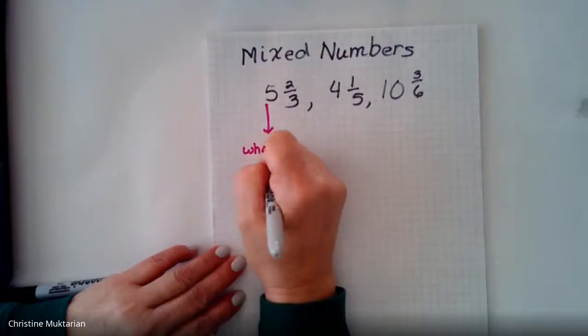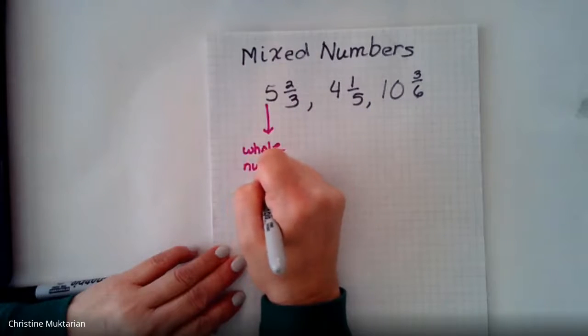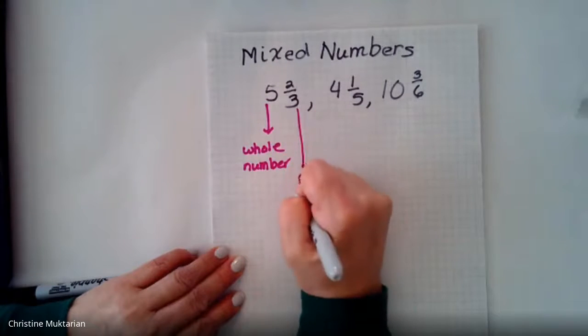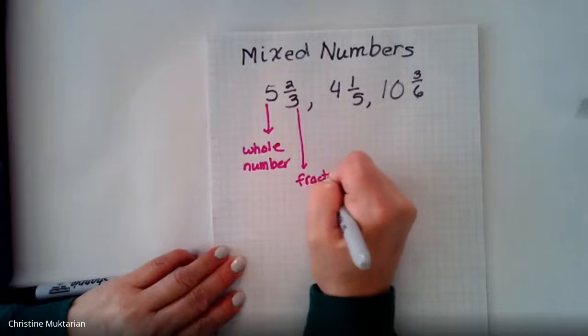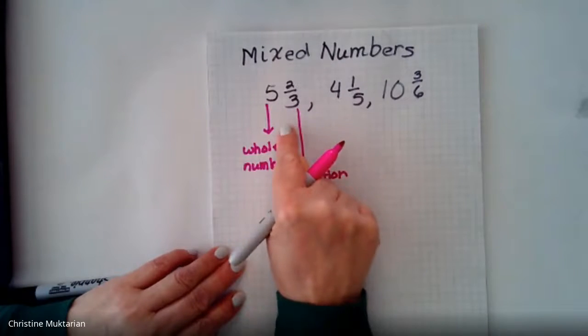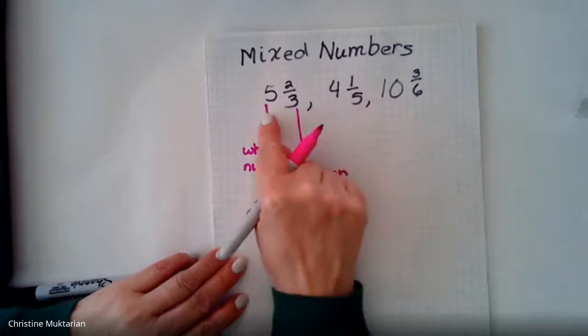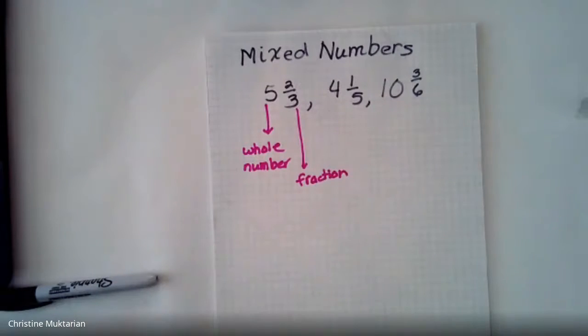So that's your whole number. And it also has a fraction. So if you've noticed with all the numbers I've written, 5 2/3, 4 1/5, and 10 3/6, they all contain a whole number and a fraction.